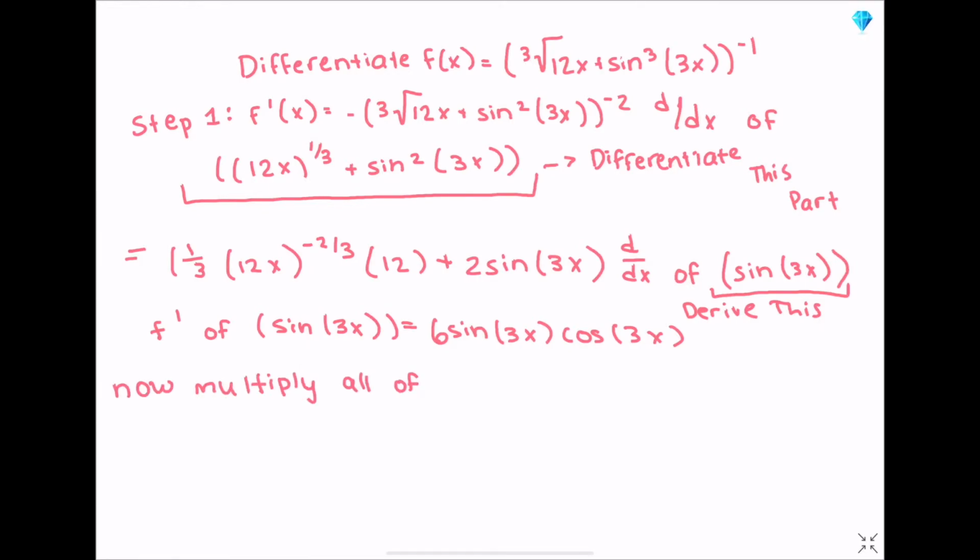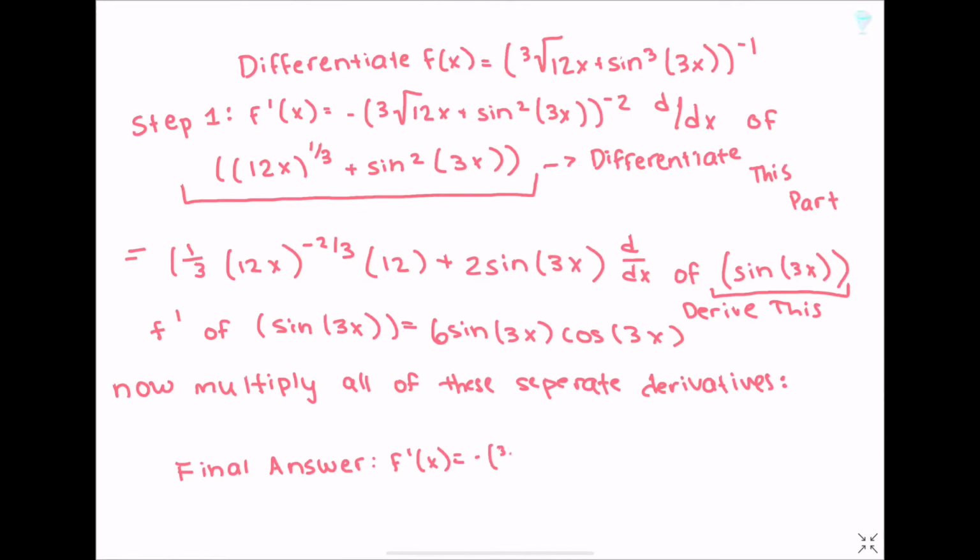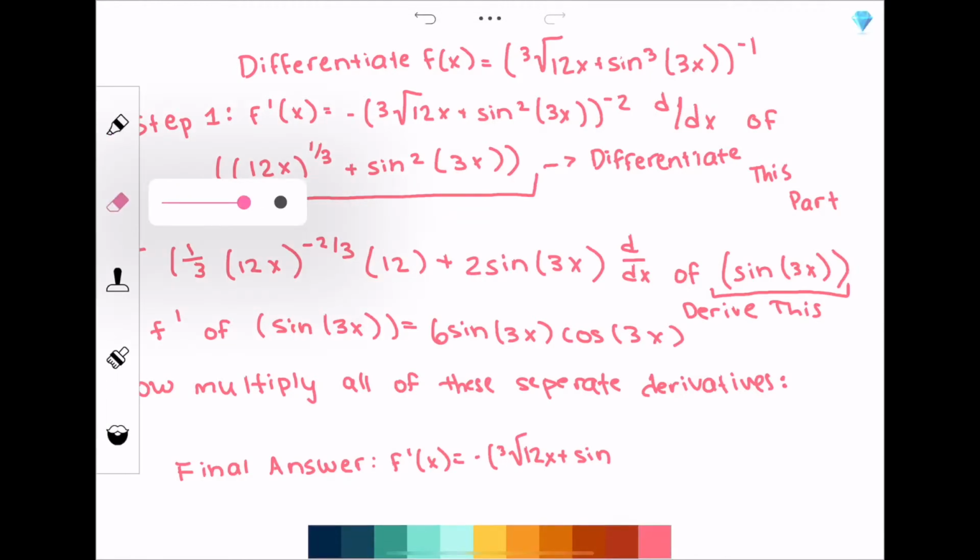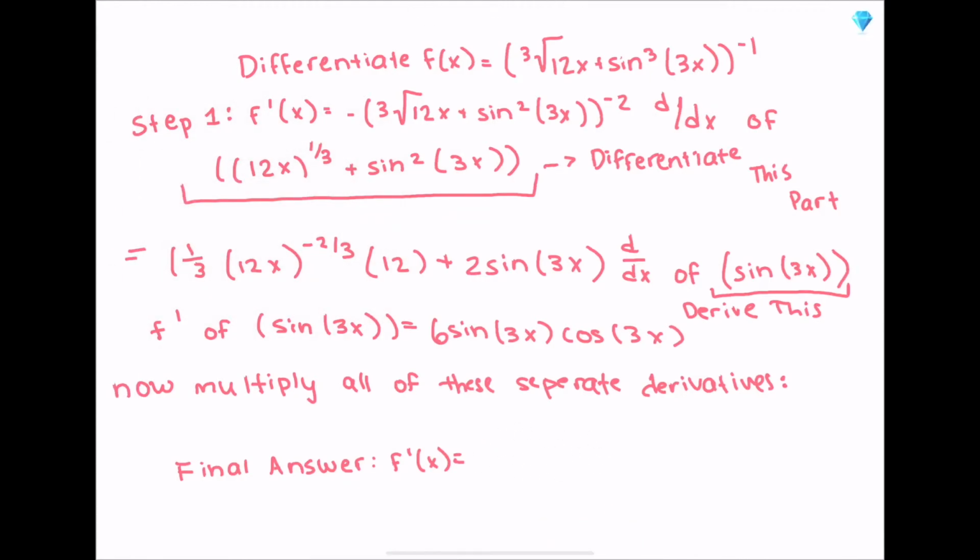So now you take all of these steps and you multiply them together to give you your final answer. It takes me a second to write this final answer because it is so long. Here's my mistake right here. And here we go, erase. Nice.